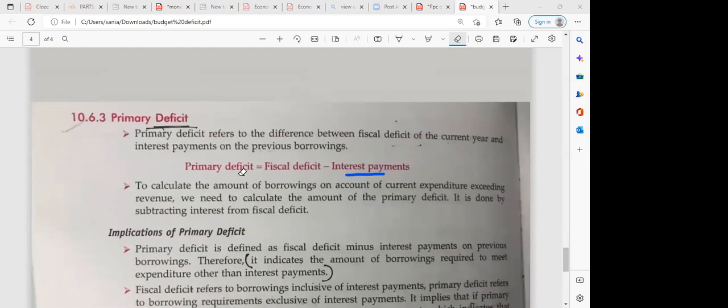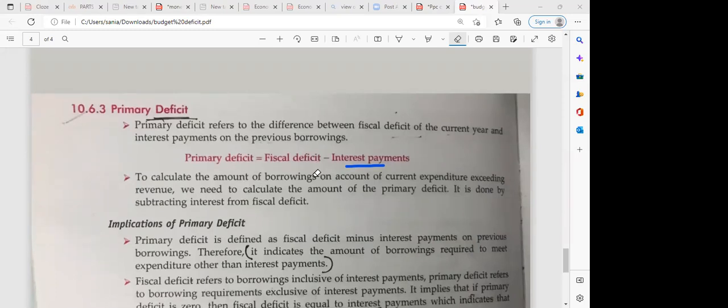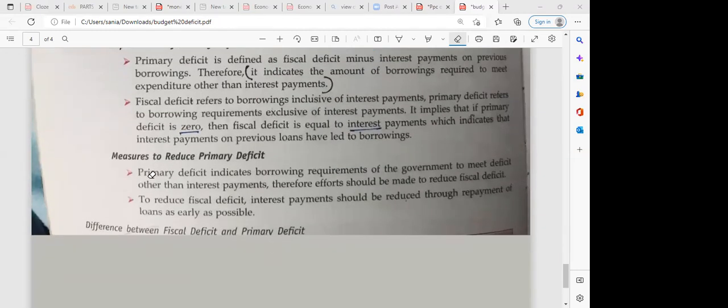See, primary deficit means how much money you need in order to clear this fiscal deficit, apart from interest payment. So whatever deficit you have should be other than interest payment, because you don't include interest payment in primary deficit. Therefore, effort should be made to reduce fiscal deficit.